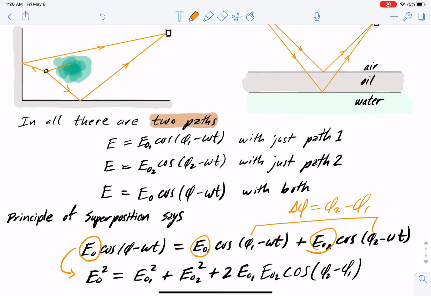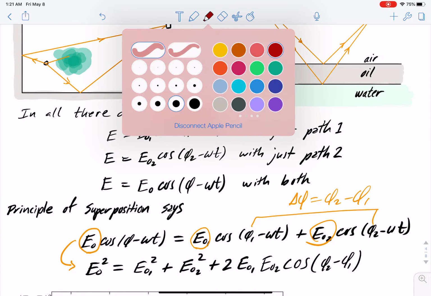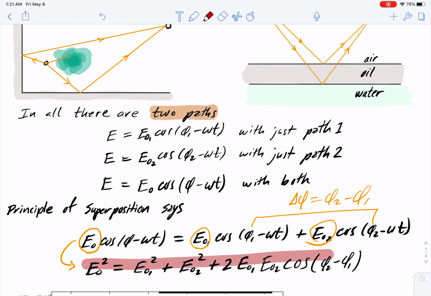Okay, and this is the formula. This is probably the formula of the day. This works anytime you have two ways of getting from the source to the observation point.